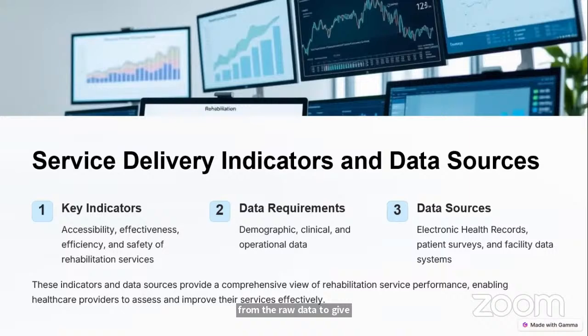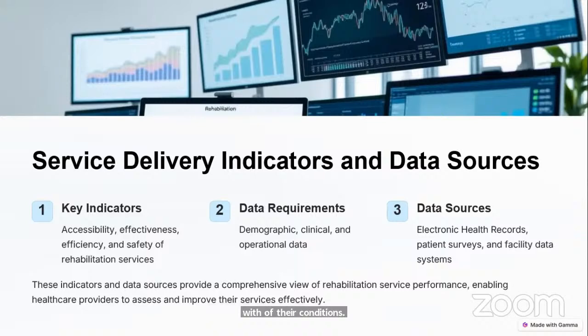So another one is we can be throwing out surveys to get subjective information that will give us some ideas regarding the indicators of our efficiency and effectiveness in service delivery. It also suffices if we can be looking at the satisfaction of our clients, as well as their perceived improvement of their conditions, right?